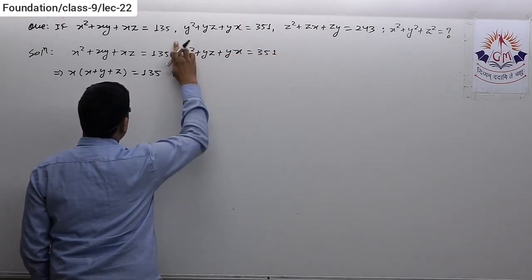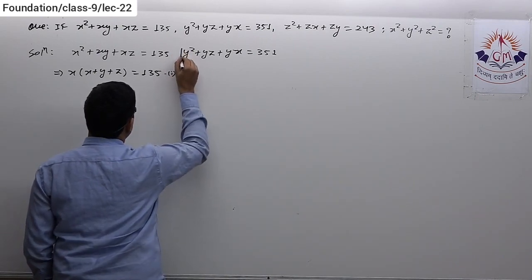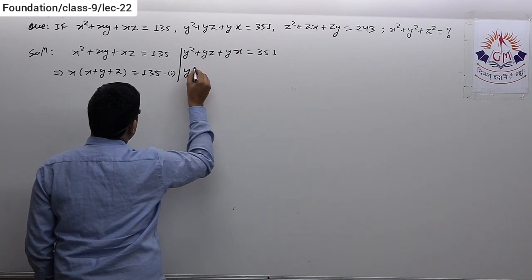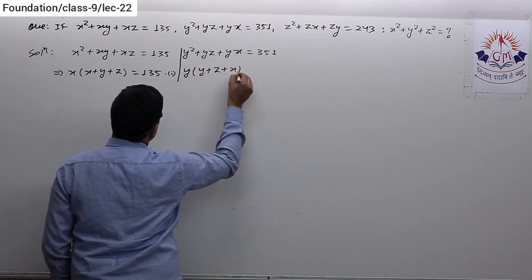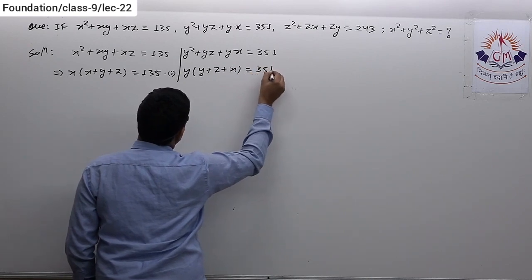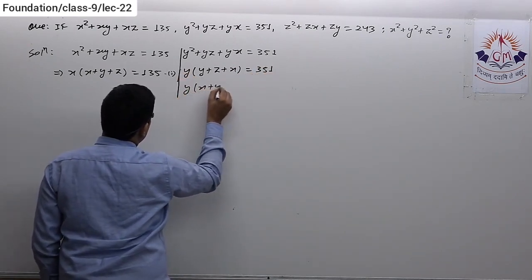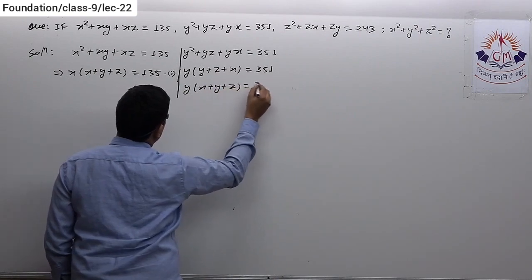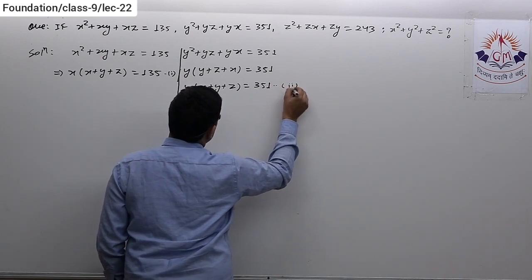Here again y is common, so I get y times (y plus z plus x) equal to 351. This is again x plus y plus z only, I am just changing the order. Let it be equation number 2.